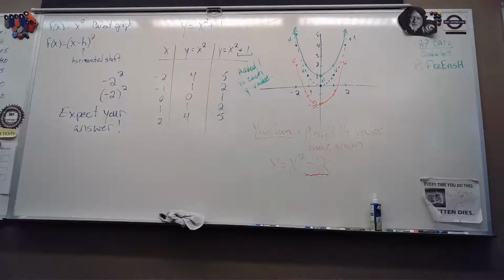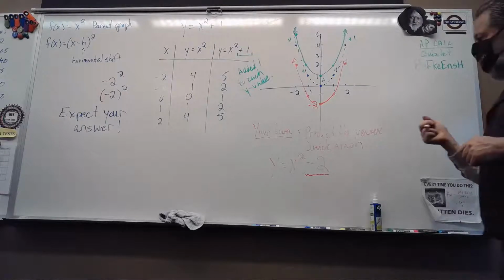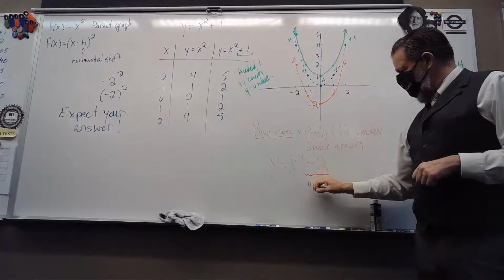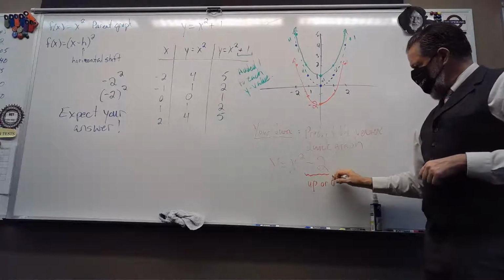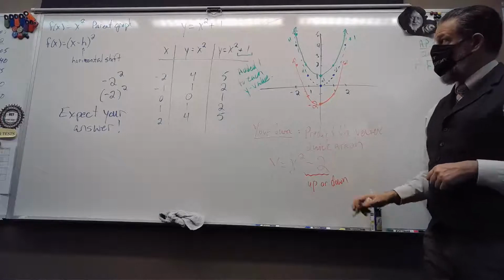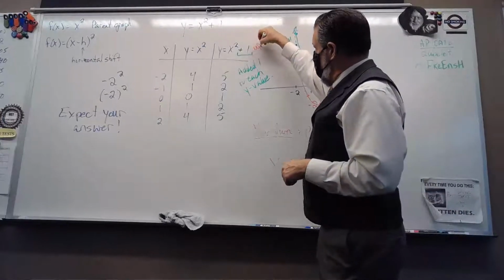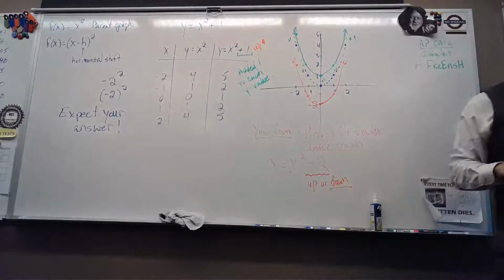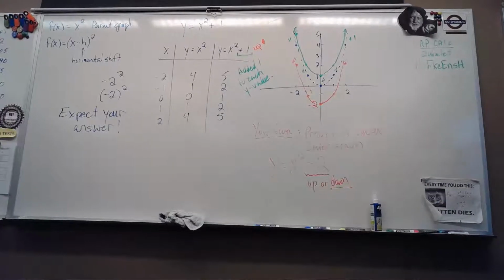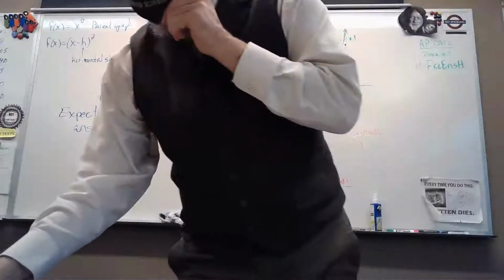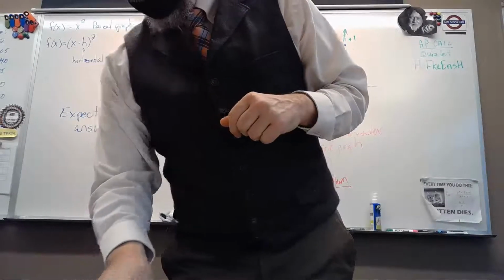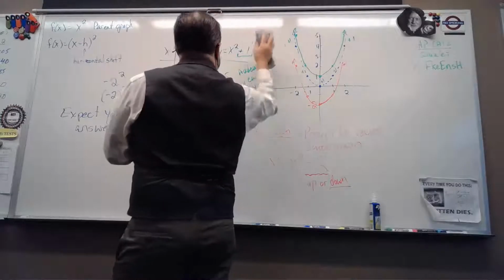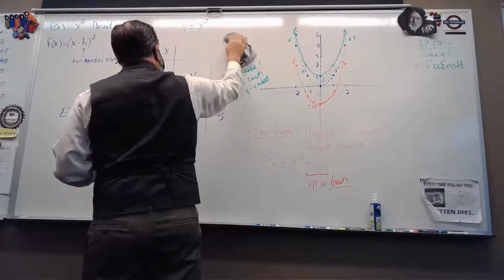So what we've now seen is that this thing appears to move my graph up or down. This one was up, and this one was down. So let's take a look at a more general form of this equation.